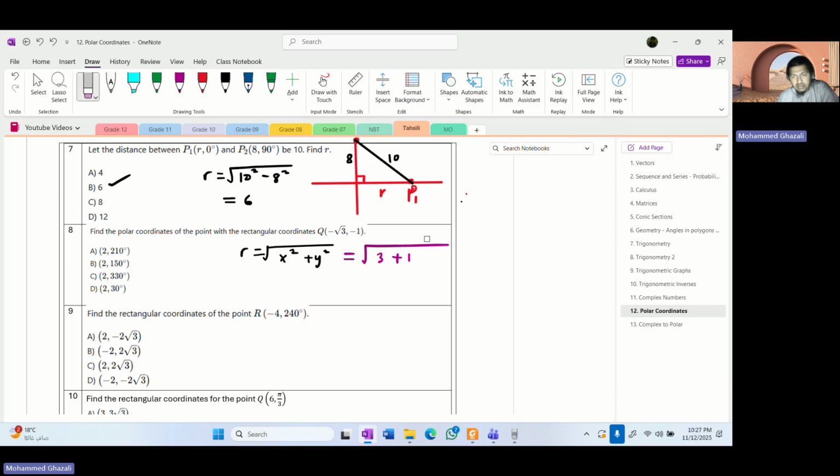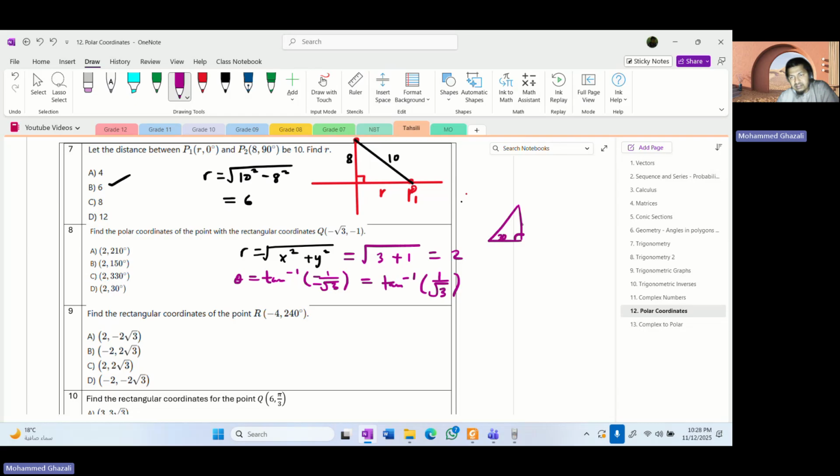So 3 plus 1, the radius we already got, which is 2. Square root of 4 is 2. And then theta equals tan inverse of negative 1 over negative root 3. Negative 1 over negative root 3, which is tan inverse of 1 over root 3. 1 over root 3 is your 30, 60, 90 triangle.